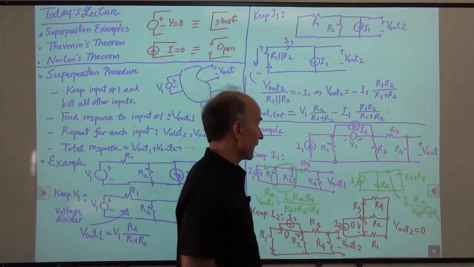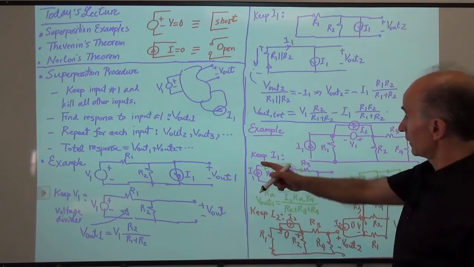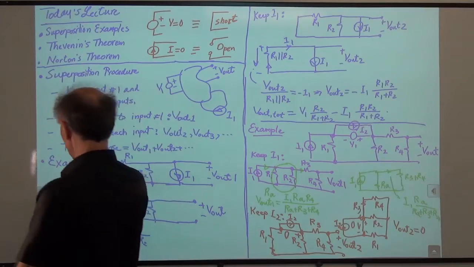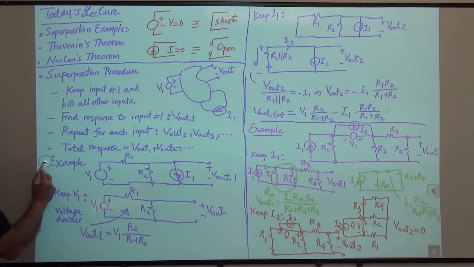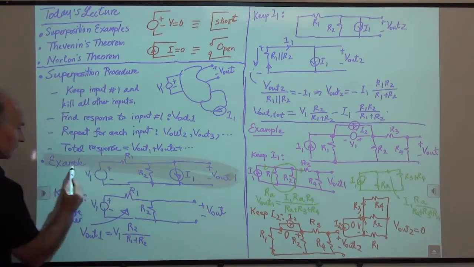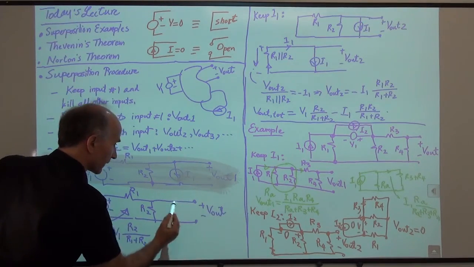So let's go ahead and do that. Let's see, maybe I'll go back here, erase something, because I don't want to carry this over to the next page. So I will try to erase this example here. And now I can solve that circuit here.